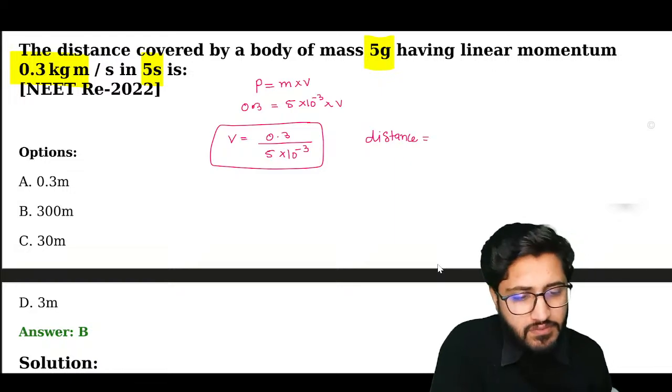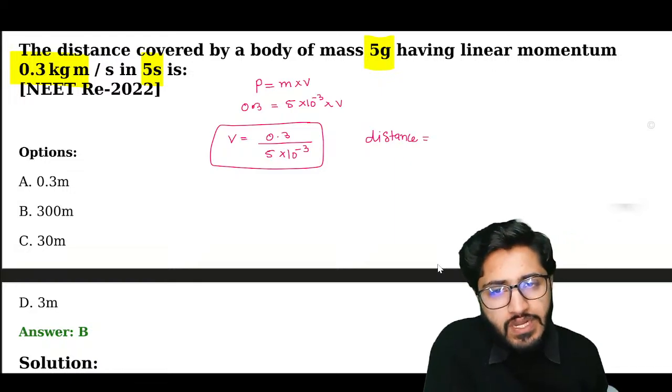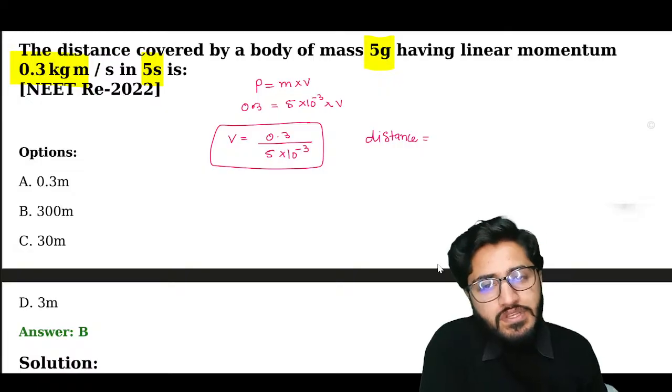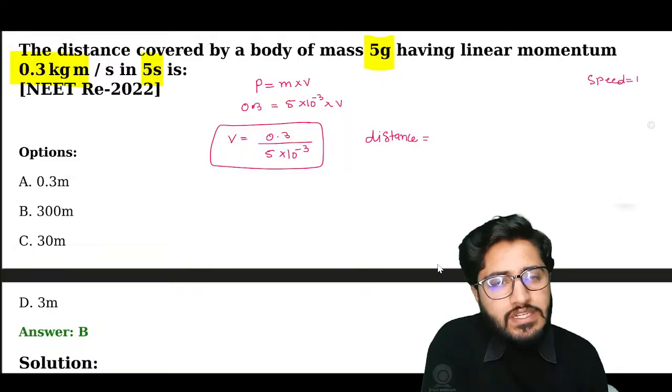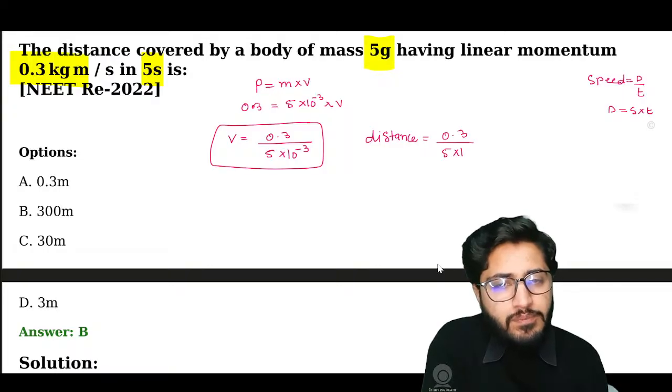We know that speed is equal to distance by time. I can write distance is equal to speed multiplied by time, right? Speed is 0.3 whole divided by 5 multiplied by 10 to power minus 3, into time. Time is 5 seconds.